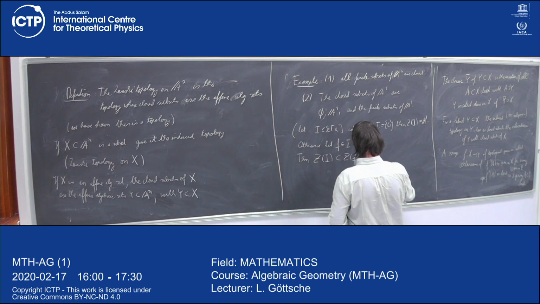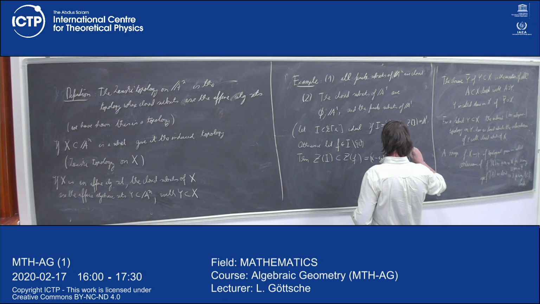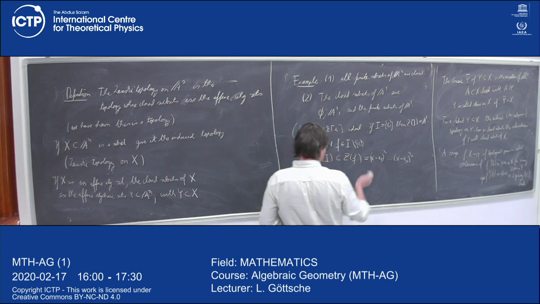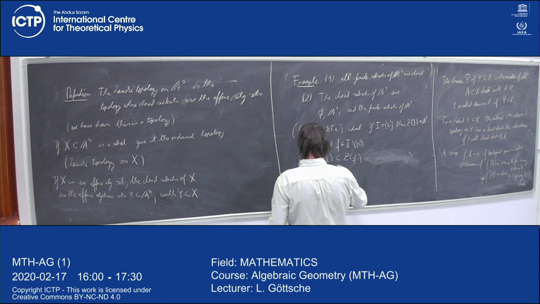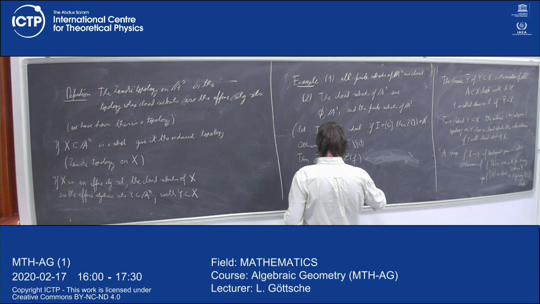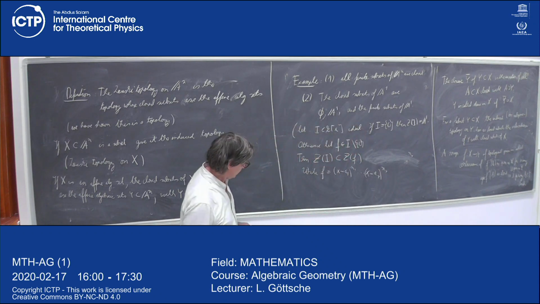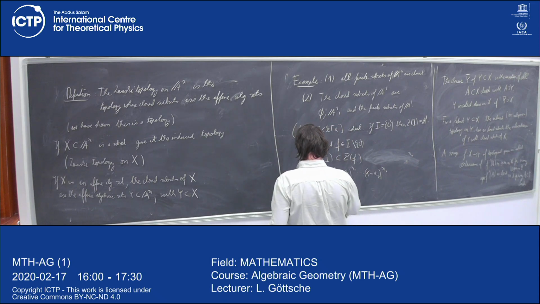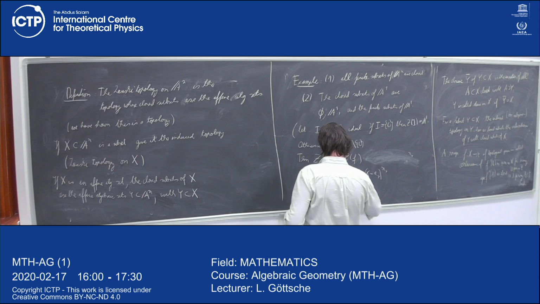So I write F equal to (x minus a1) to the n1 times up to (x minus ar) to the nr, and then it follows that Z(F) is equal to the set {a1, ..., ar}.